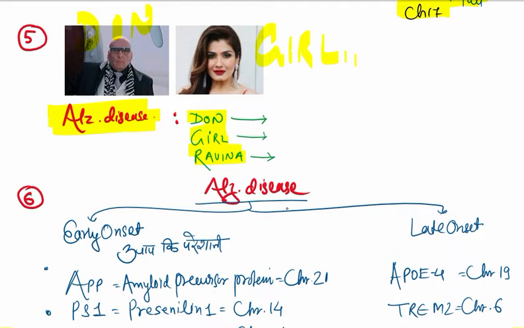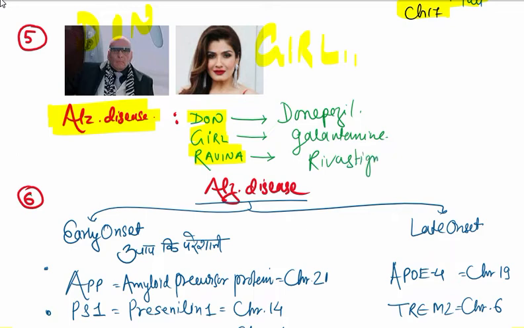So Dawn is donepezil. Girl is galantamine. Ravina is rivastigmine. So I think this mnemonic is helpful.